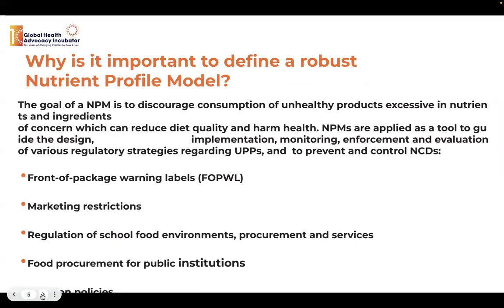Nutrient profile models are applied as a tool to guide the design, implementation, monitoring, enforcement, and evaluation of various policies, including front-of-package warning labeling, marketing restrictions, regulation of school environments, school food procurement and school food services, food procurement in other public institutions, taxation, and social programs to protect vulnerable populations, among others.